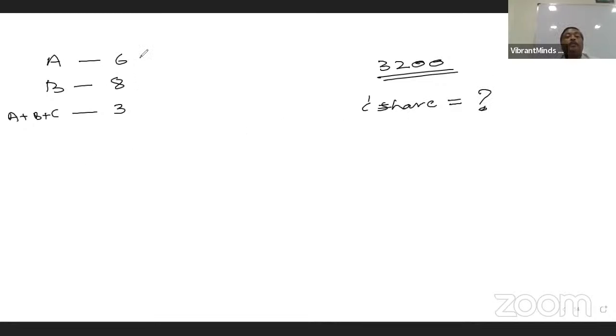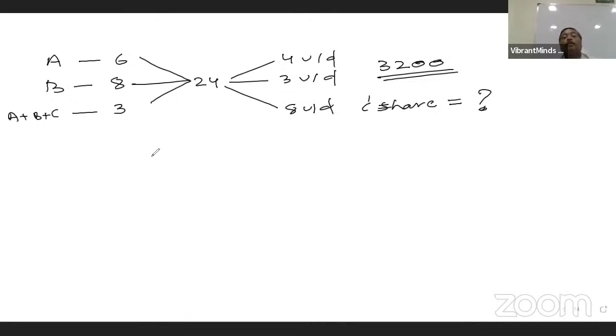Now understand. 6, 8, 3. What will the LCM be? 24. So A does 4 units per day, B does 3 units per day, and A plus B plus C do 8 units per day. Now see, A plus B's units are 7 units per day, but A plus B plus C is 8 units per day.